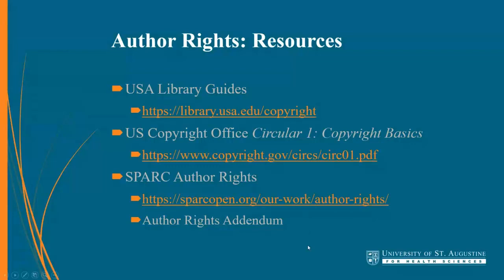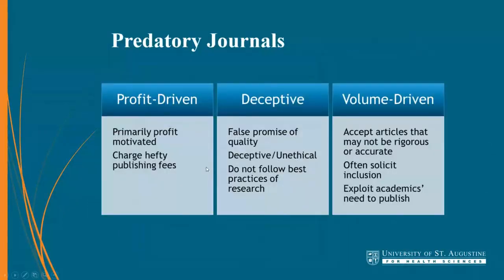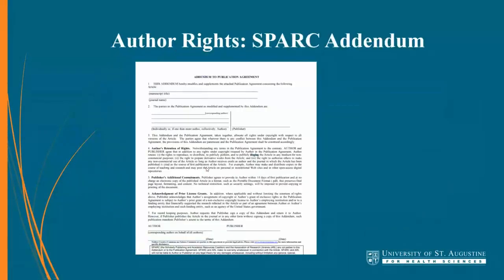They have a nice little web page, but more importantly, that actual addendum, which is a simple publication addendum to whatever publication agreement you have. It's boilerplate language for the kinds of things that you might want to retain. So you can fill that out, send that off to the publisher, and have that included as part of your contract to be able to maintain a lot of the rights that we were talking about.